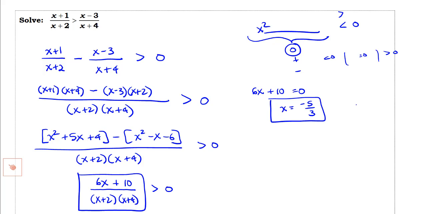The fraction could also be positive. It could also be negative, depending on what I plug in for x. There's one more thing that a fraction can be that a polynomial cannot be. What is it? 0, positive, negative, one more thing.